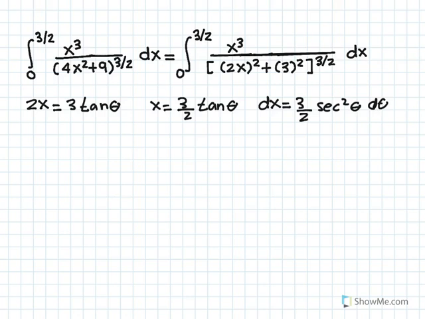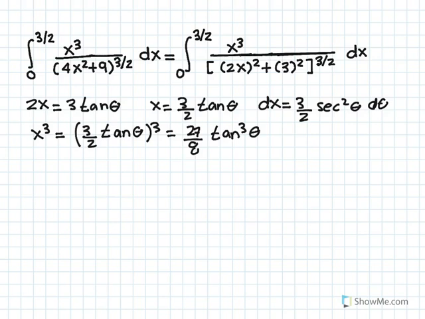Now the numerator of the integrand is x cubed. So let's rewrite that in terms of the trig functions. x cubed is going to be (3 over 2 tan theta) all cubed. Simplifying this, 3 cubed gives us 27. 2 cubed is 8. Tan cubed theta.